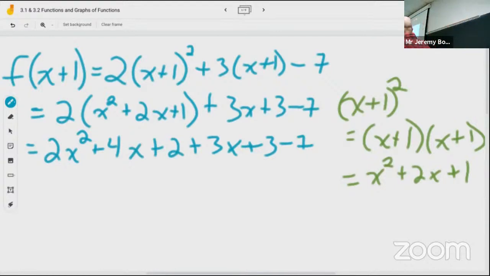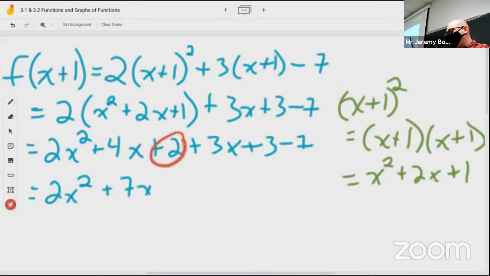And now we just combine the like terms. I have no like terms with the x squared, so we would keep that as 2x squared. We got a 4x plus a 3x, so it'll be 7x. And then I got a positive 2 plus 3 is 5, minus 7 is negative 2.